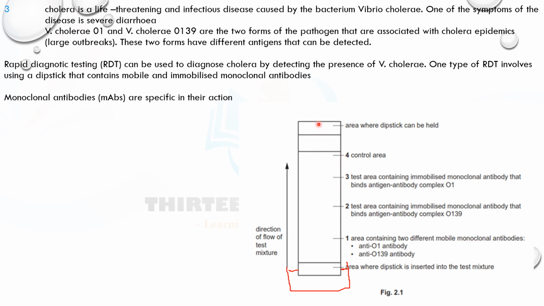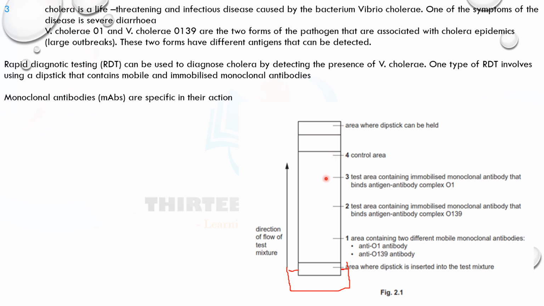This shows that this strip is working, because let's assume there's no virus present. The mobile antibodies against this antigen will move up, and when they get to this area, we already have immobilized antibodies that can bind to them, so they form a line here. So there will always be a line here, and any line from here tells that the test strip is working.